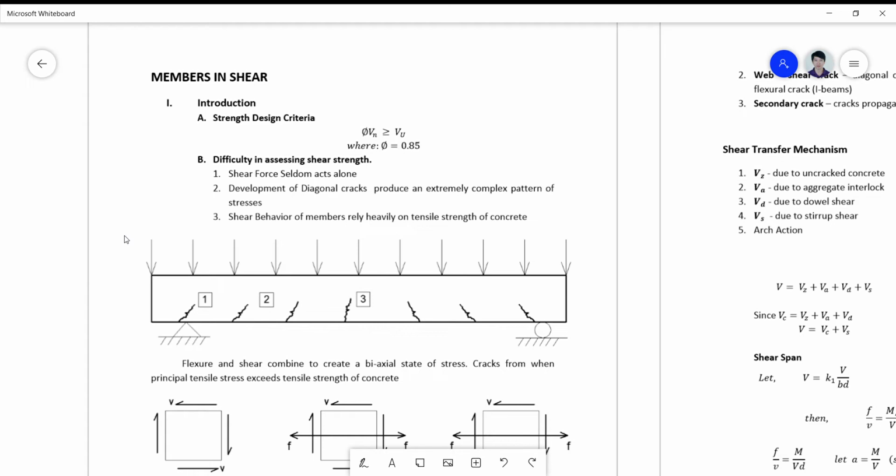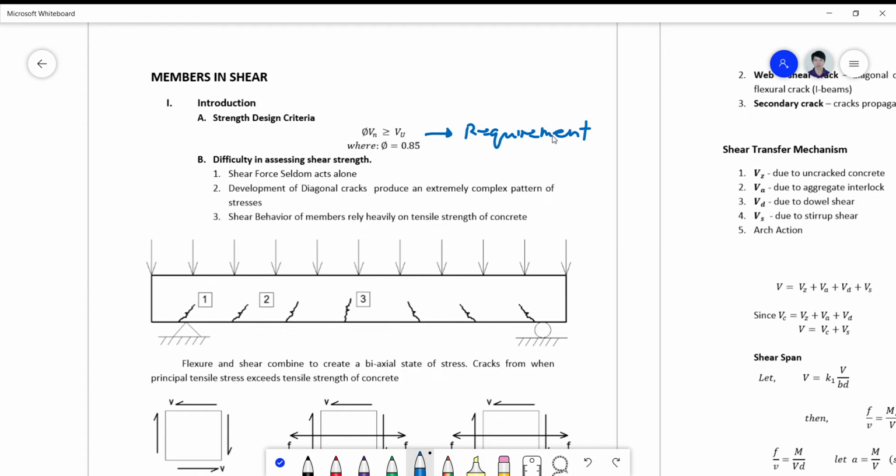Okay, so for the requirement of the shear resistance of beam in the strength design criteria, take note that this is your requirement which must be satisfied in order for your beam to be allowed to perform in terms of shear behavior.